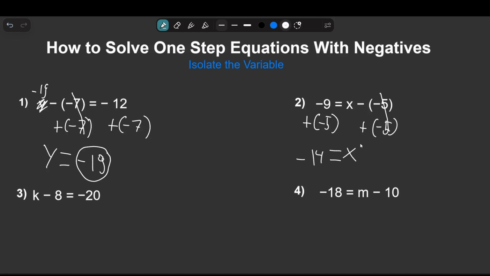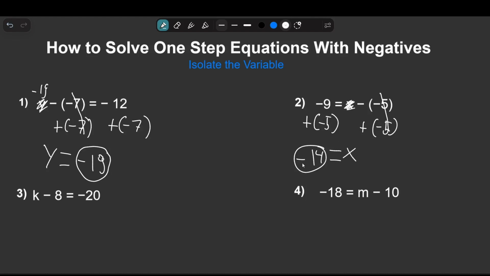I wrote this one down differently because in our problem it was written down like this. Don't forget to always write it down how you were given the problem so you don't make any mistakes. So again, our variable has a value of minus 14, but we're going to check this one more time.